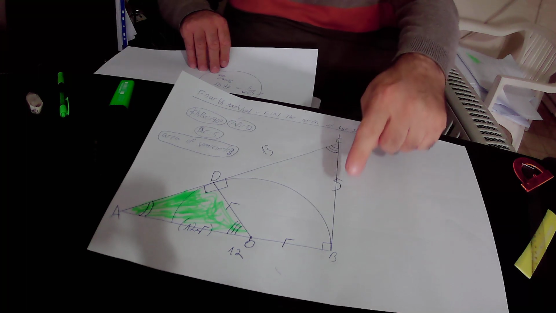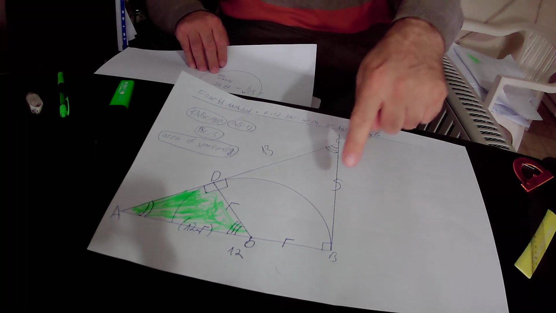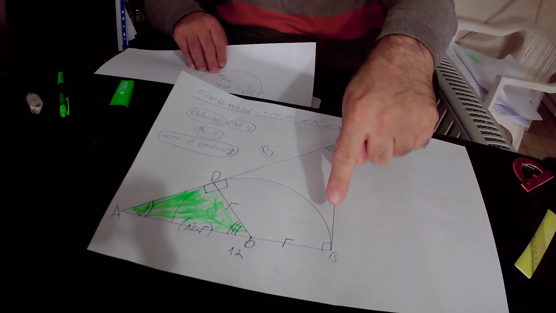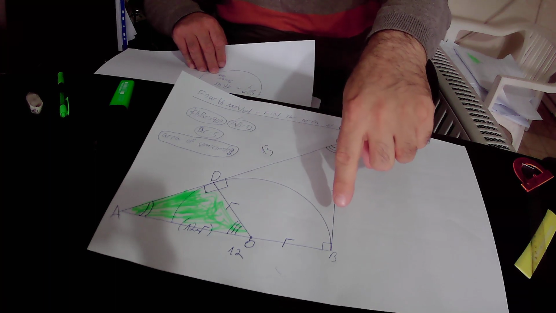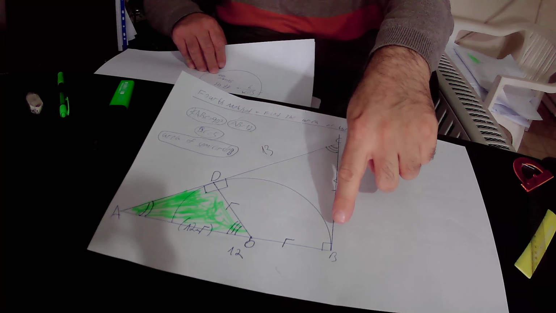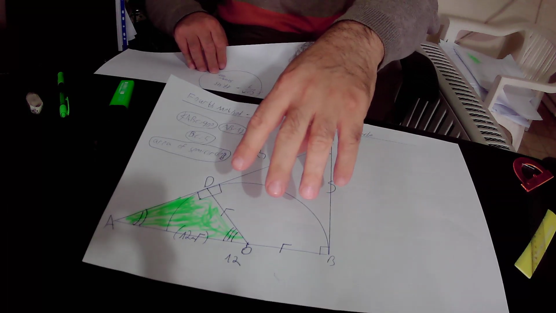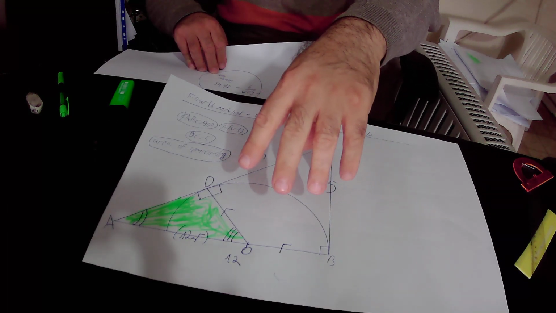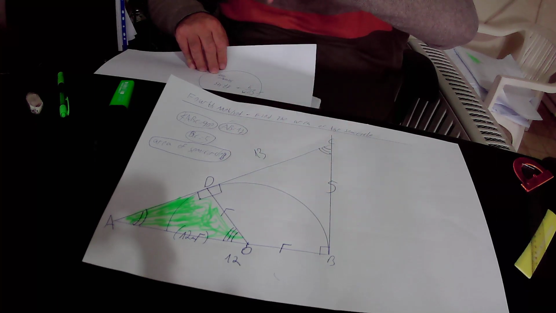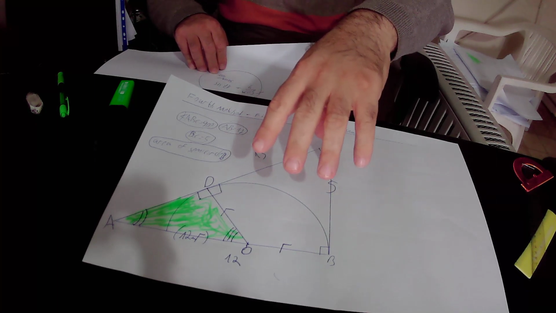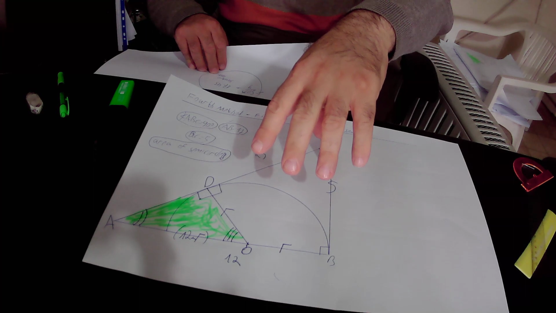We know that BC equals 5 units, AB equals 12 units, and ABC is a right triangle. This angle equals 90 degrees. And we want to find out the area of this semicircle that is actually inscribed by triangle ABC.